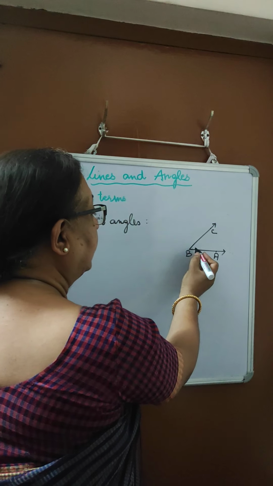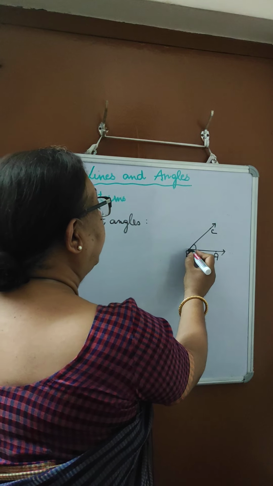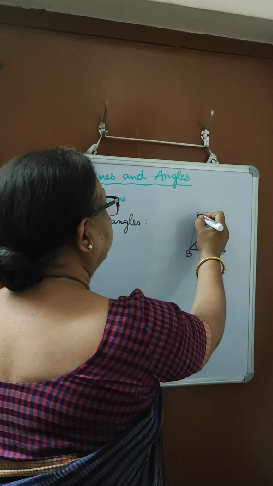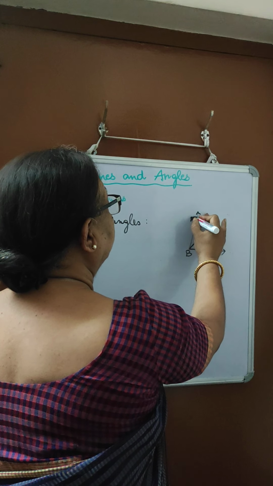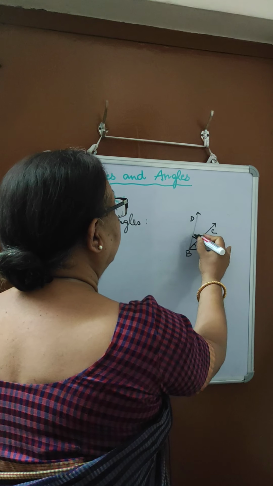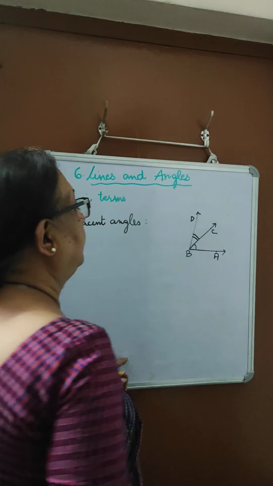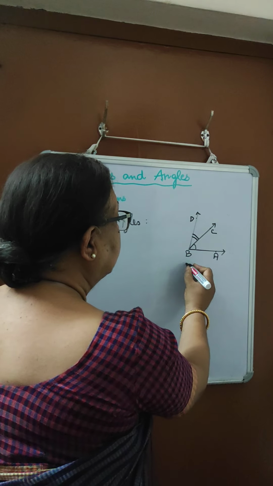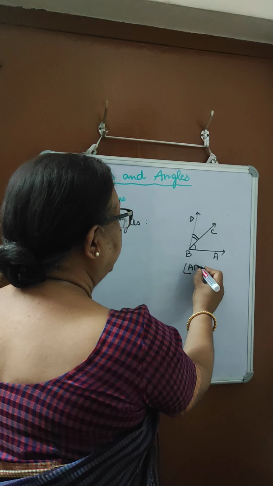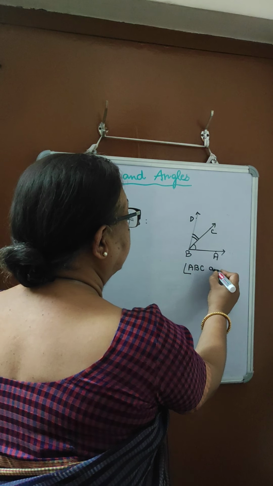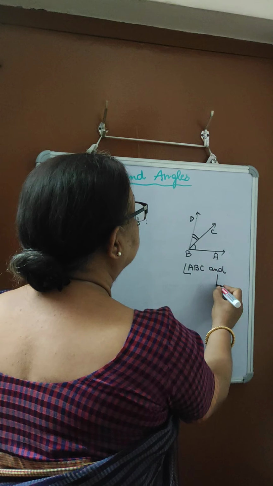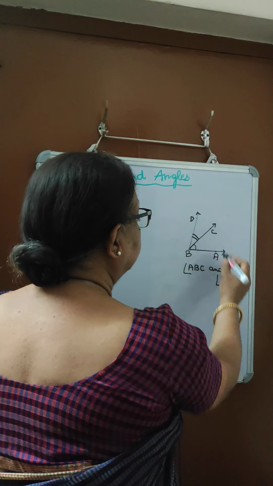ABC is one angle. I have another angle. So there are two angles: angle ABC, and the second one is angle DBC.